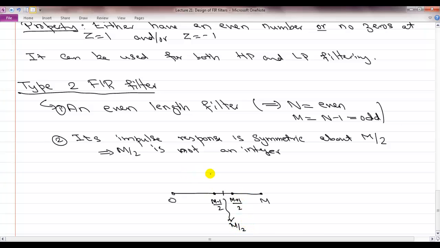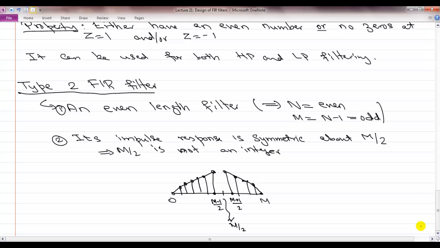So it looks like basically this shape. It is still symmetric, but it's symmetric around m by 2, which is itself not a sample. So you can't put a sample at m by 2 because m by 2 is not an integer.